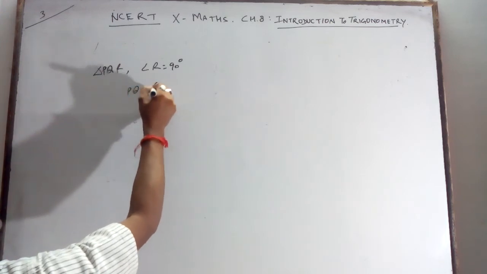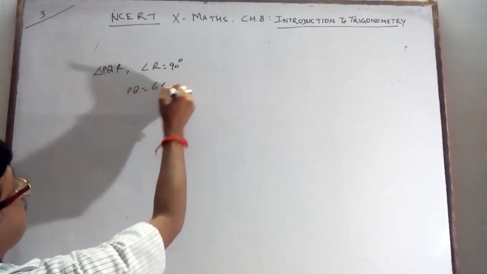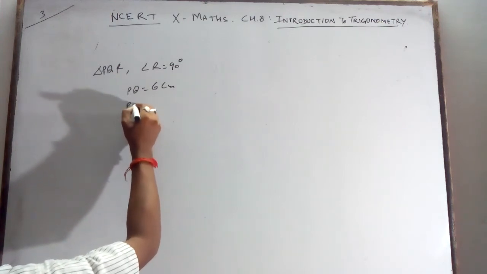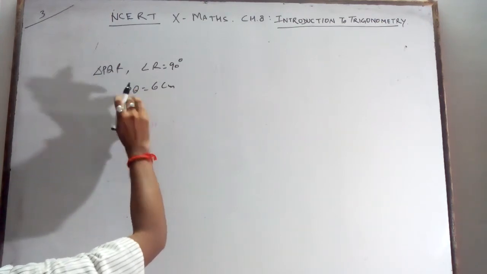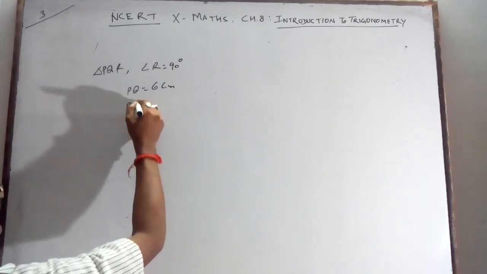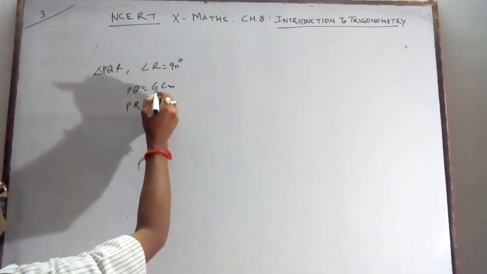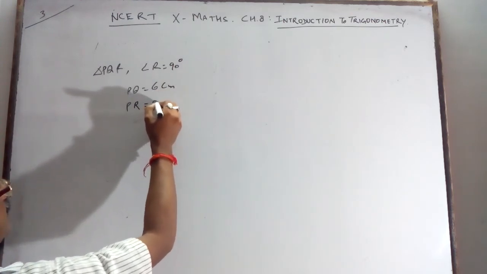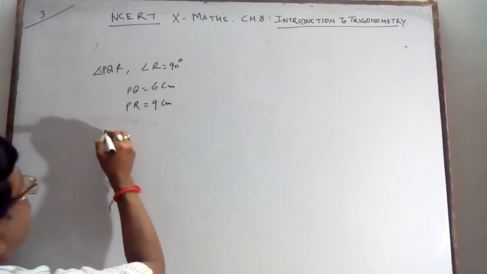PQ is equal to 6 centimeter. PR is equal to 5 centimeter.